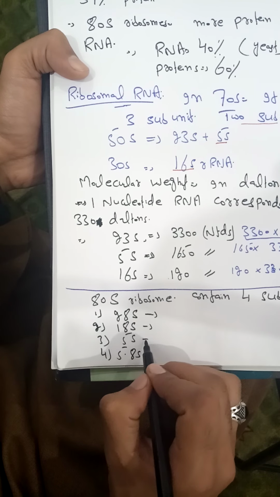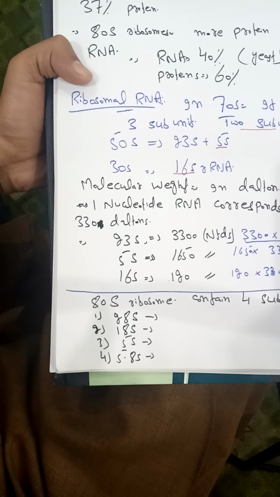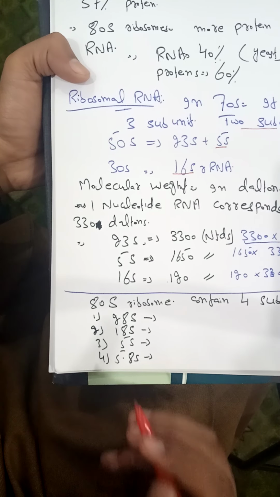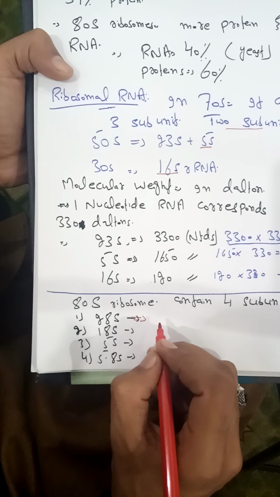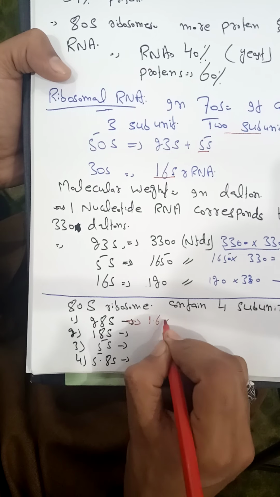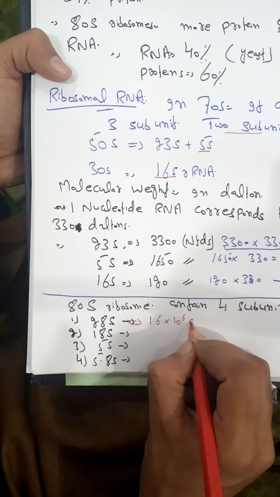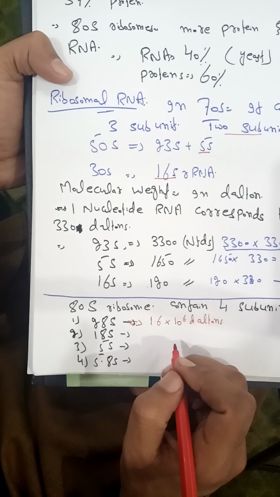The molecular weight of these subunits is also different. The 28S ribosomal RNA has a molecular weight of 1.6 multiplied by 10 raised to the power 6 Daltons. It is also calculated in such a way.